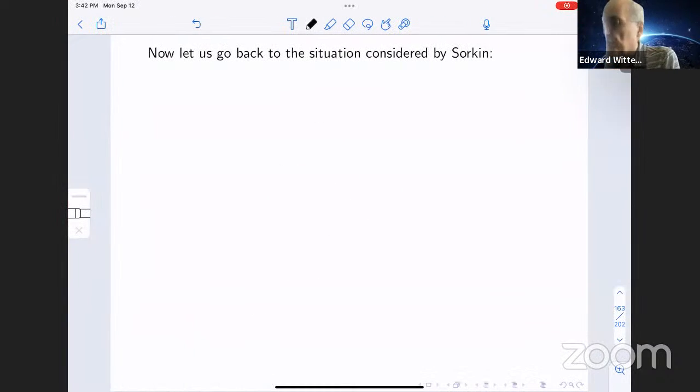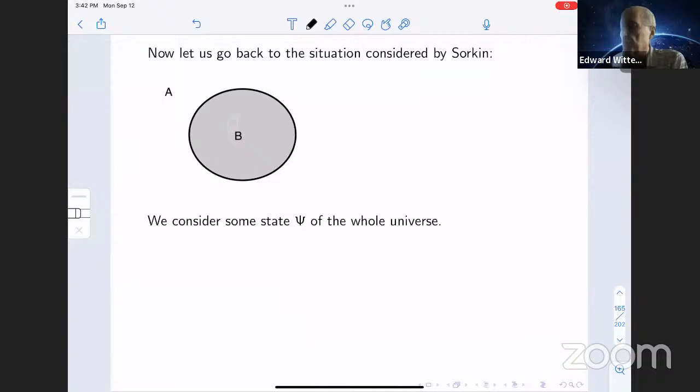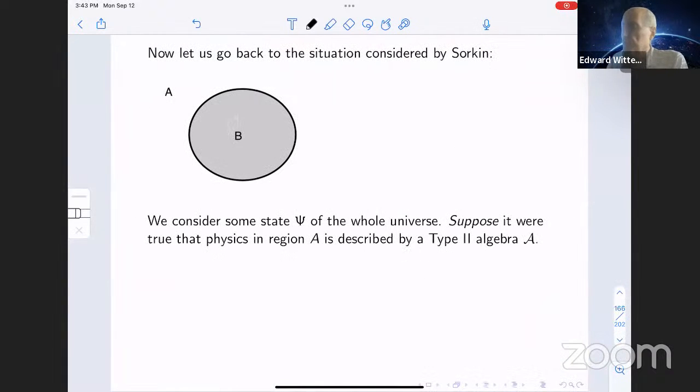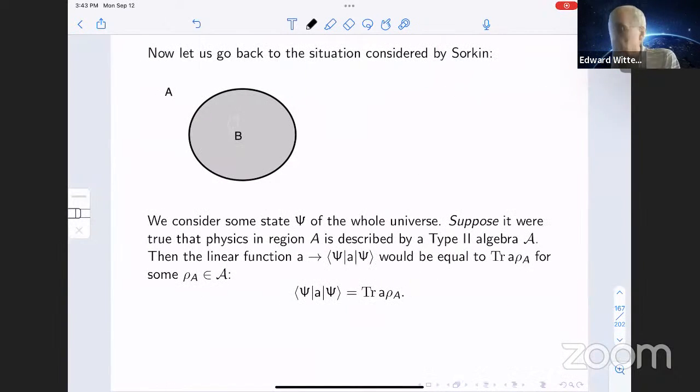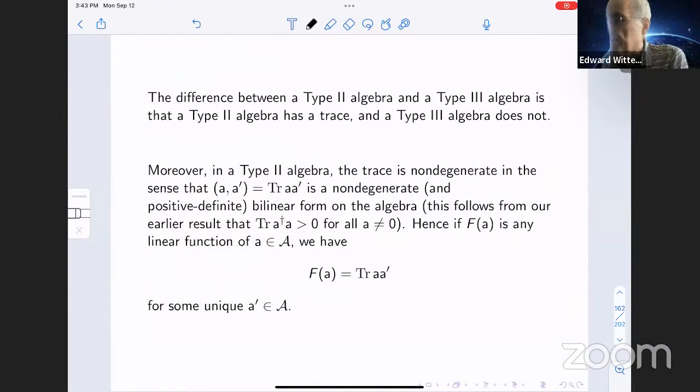So now let's go back to the situation considered by Sorkin. We consider some state psi of the whole universe. Suppose it were true that physics in region A is described by a type 2 algebra, curly A. Then the linear function that takes an operator to its expectation value in the state psi would be equal to the trace of a times rho sub A for some element of the algebra that I'll call rho sub A. That would be true because, as I said a couple slides ago, every linear function is the trace of a times some a prime.